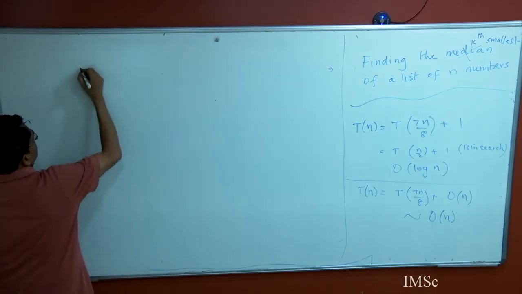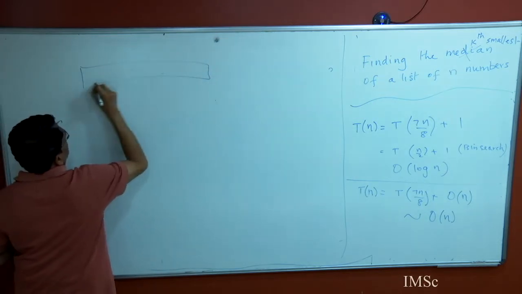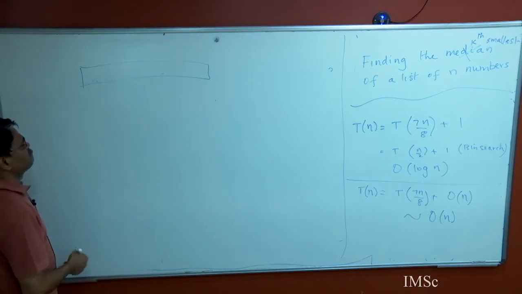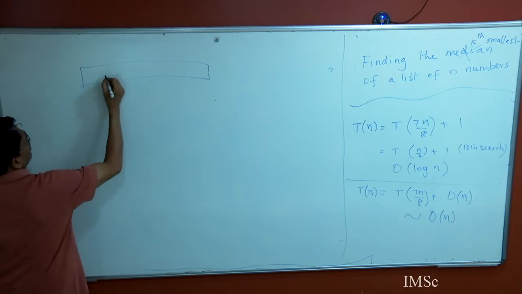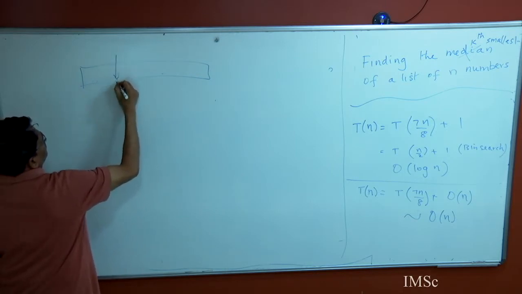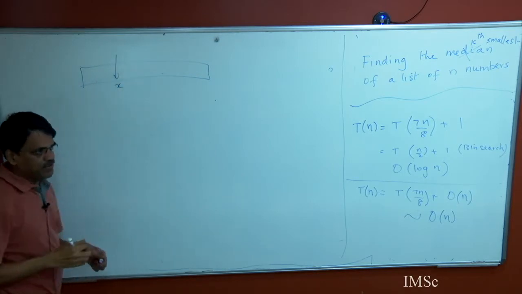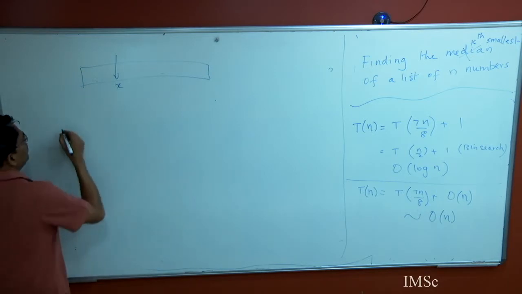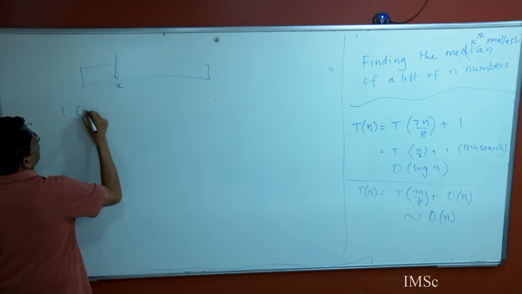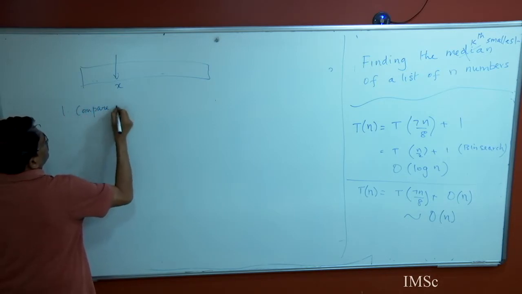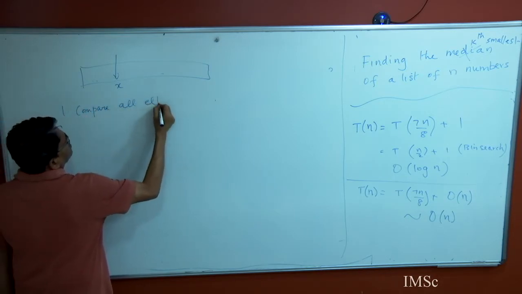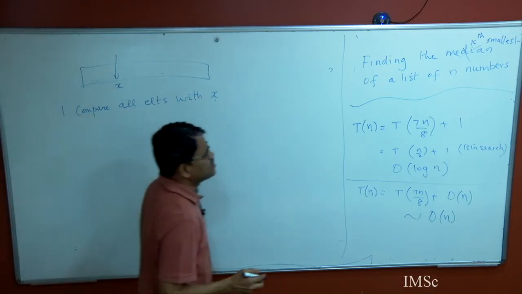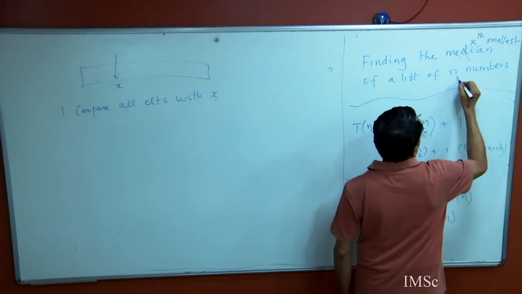I have my entire list, this big array of n numbers, and I just make a guess. I pick some random element. In fact, random is very useful, but let's say I pick an arbitrary element x. Step 1, compare all elements with x. And let's even assume that all the numbers are distinct. It just makes life easier.